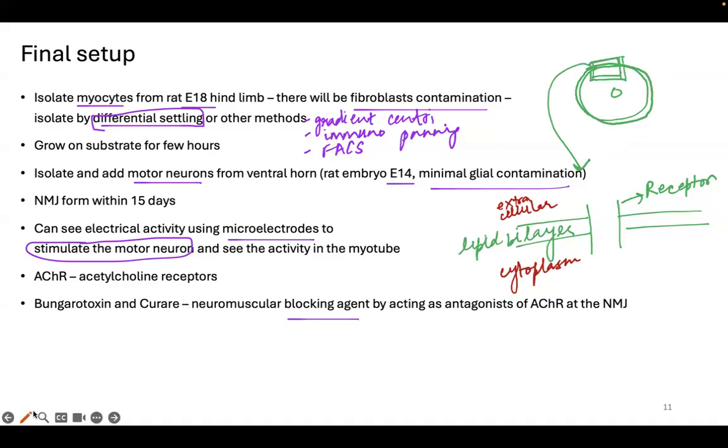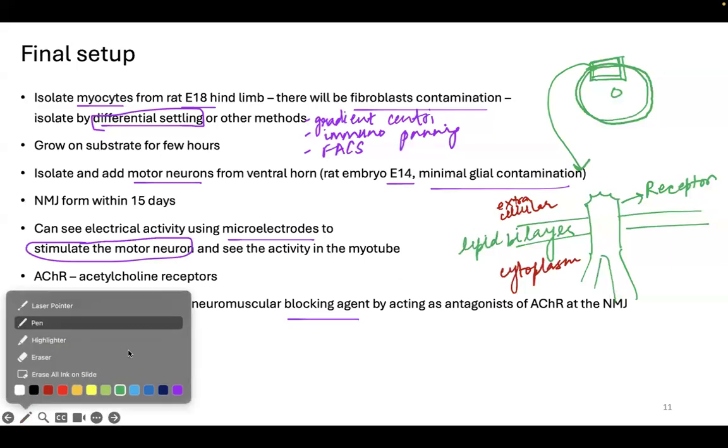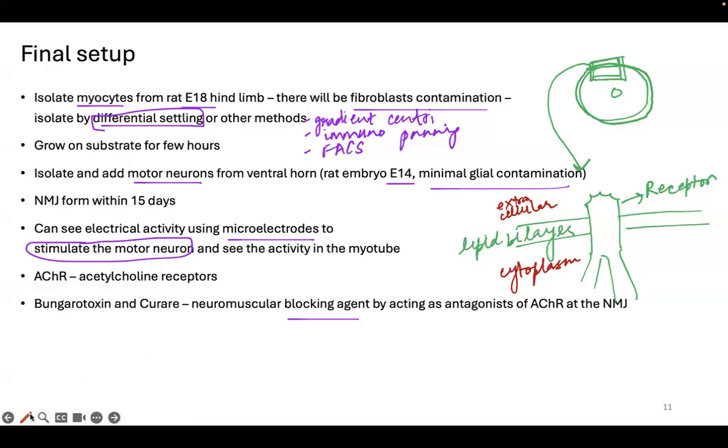So this is your receptor. There's a part of the receptor which is, let's say, inside, and there's a part of the receptor which can fit your acetylcholine. Let's say there's a lot of acetylcholine here. This acetylcholine, ACH, can sit here.